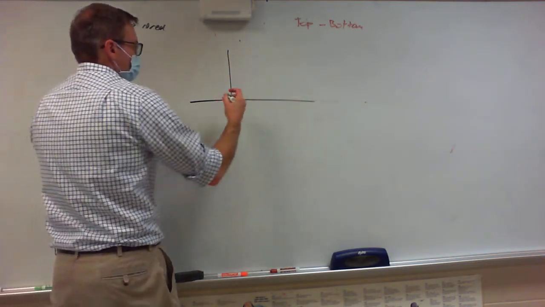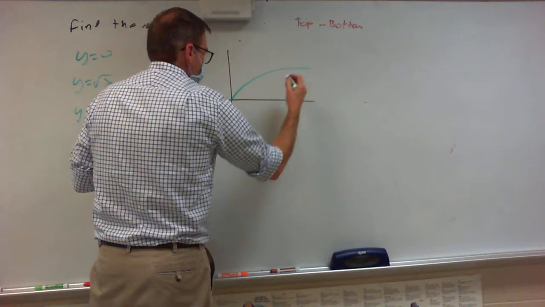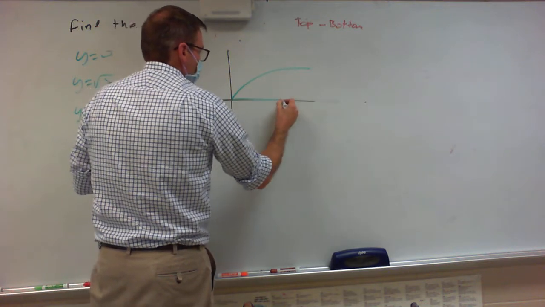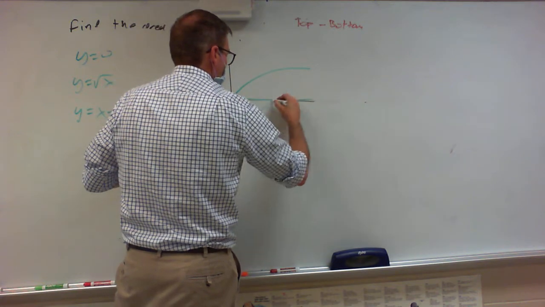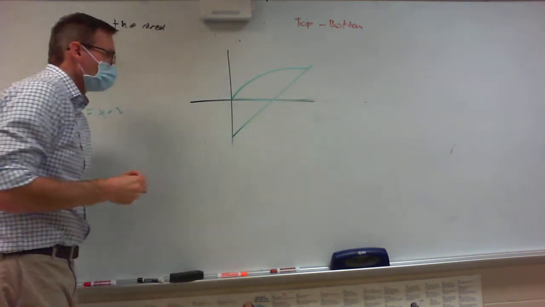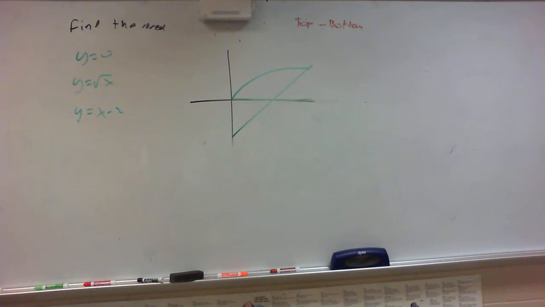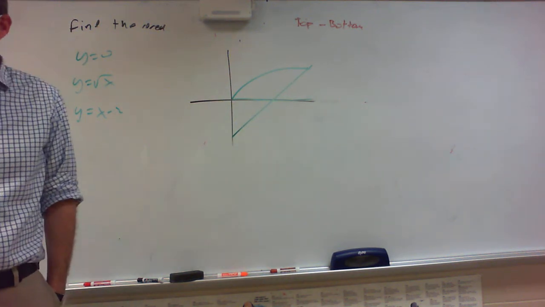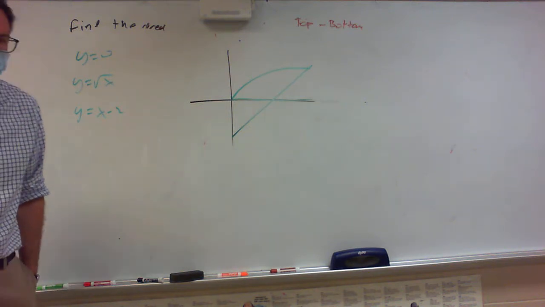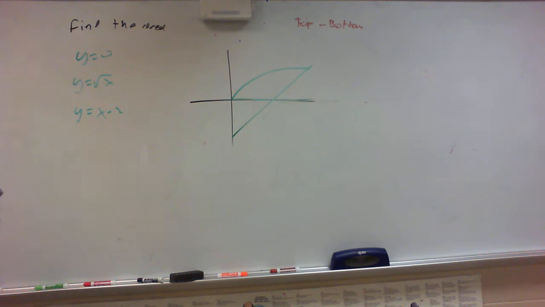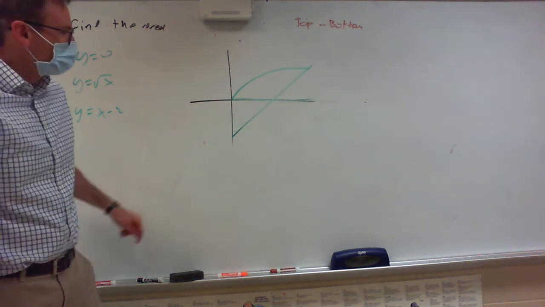And let's see, here's the square root of x, which kind of does this thing. And then x minus 2 is this thing. All right, is everybody okay? Does everybody see this is our region?